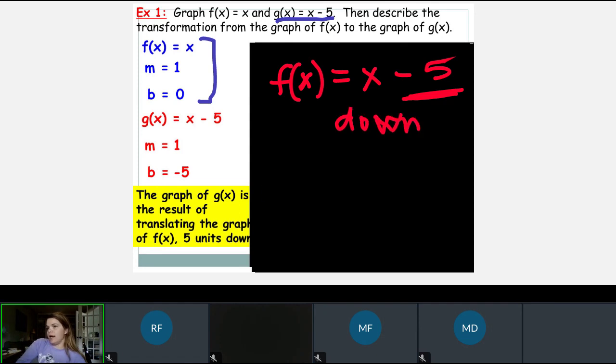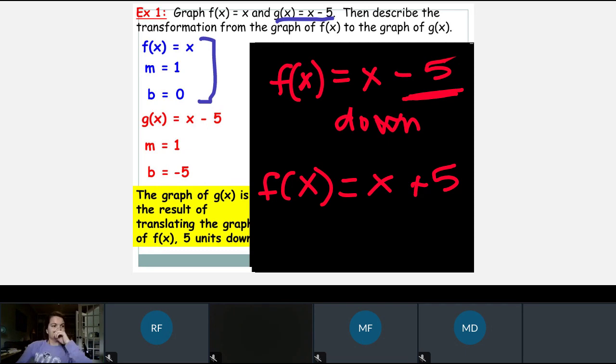So what do you think would happen if I have f of x equals x plus 5? Yeah, exactly. It's going to go up. Very good.